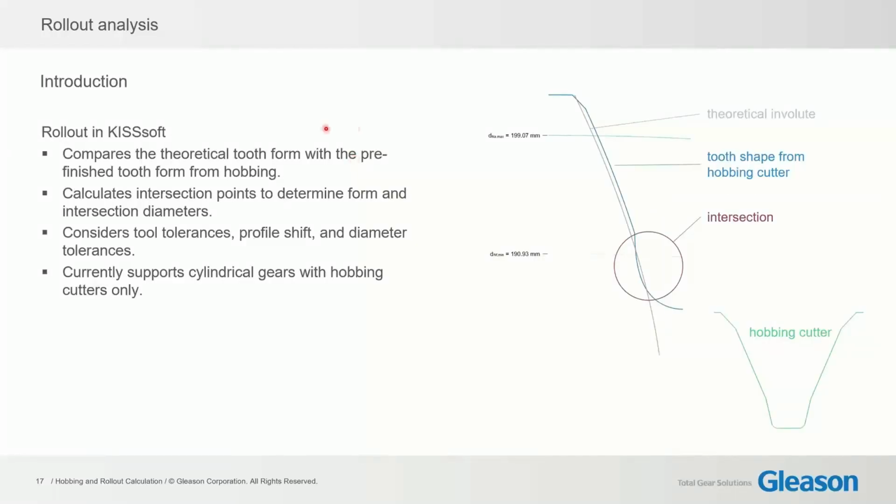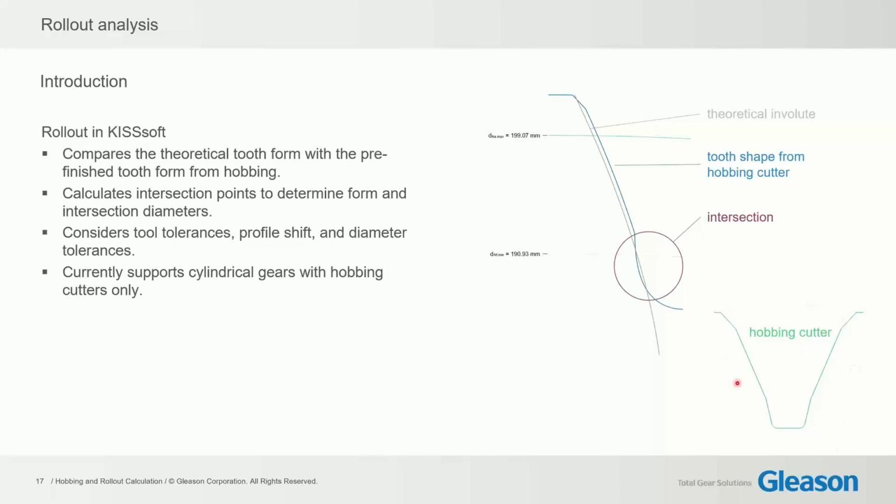So what we do in the calculation is we generate, for each condition, so for the maximum, minimum, and nominal, different tooth forms. So basically we do three different calculations, one for each stock condition.